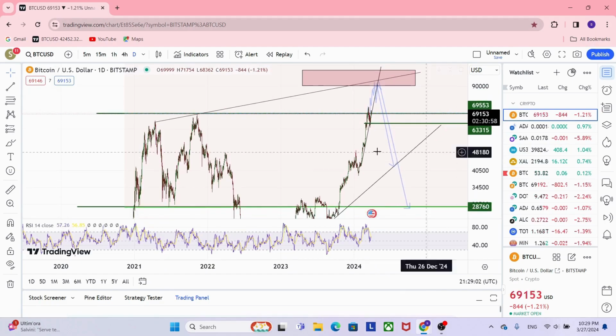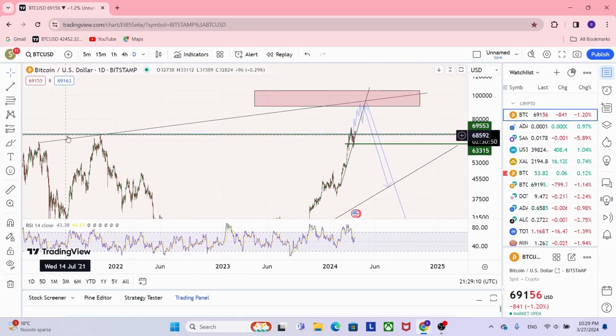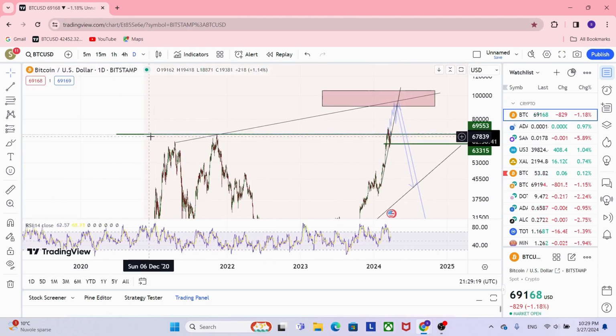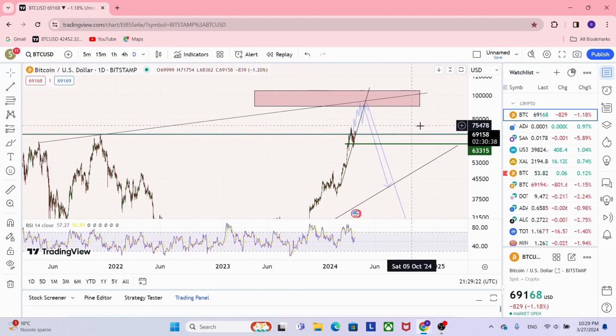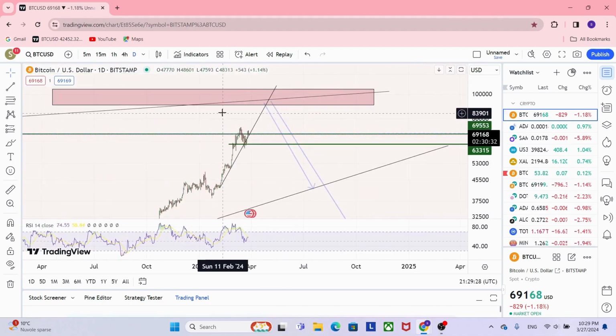We already know that this area was a trading range for us, and still it's a trading range, but something is happening. We are now again at the top line of this trading range. But what is happening right now? There could be two scenarios.